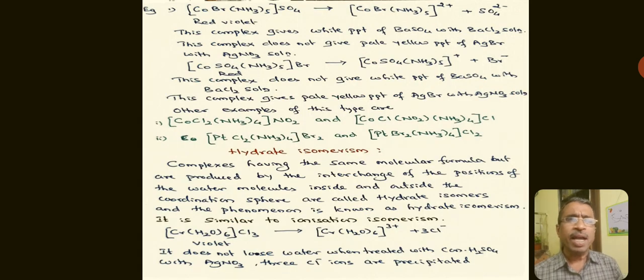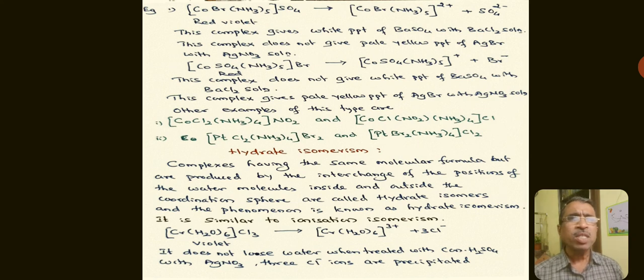Coming to the examples of this kind, pentaamminebromocobalt(III) sulfate, which is reddish violet in color, on solution gives the pentaamminebromocobalt(III) ion and the sulfate ion. This complex gives a white precipitate of barium sulfate with barium chloride solution, showing the presence of sulfate ions in the solution.